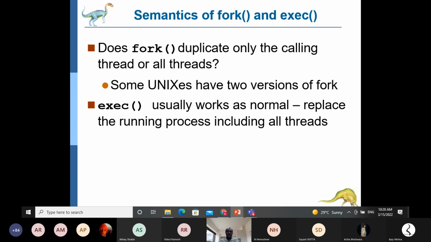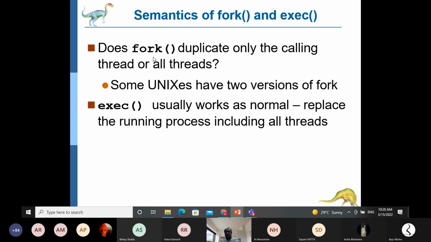As per the fork semantics, it will create a child process. But in this process there are several threads, and one of them has executed the fork system call. So how will the fork system call be executed?